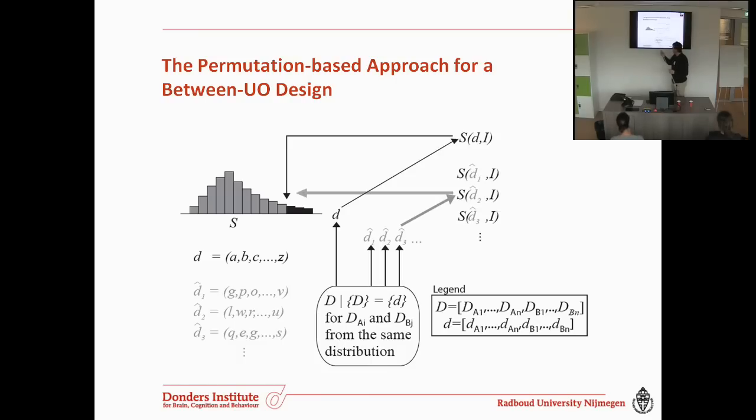So under the null hypothesis we want to test, this conditional distribution is uniform. It means that each ordering of the data given the unordered data is equally likely.